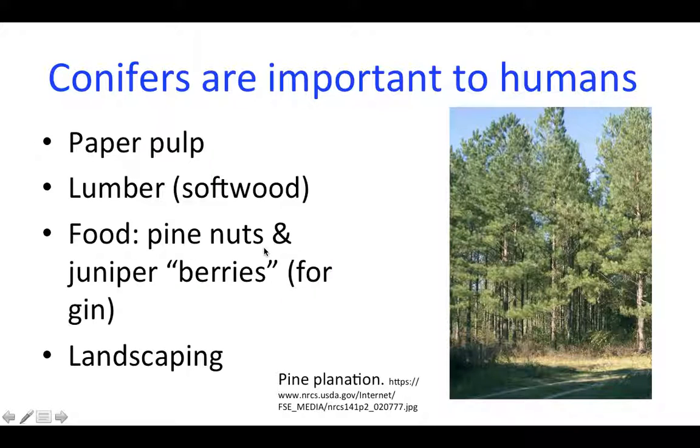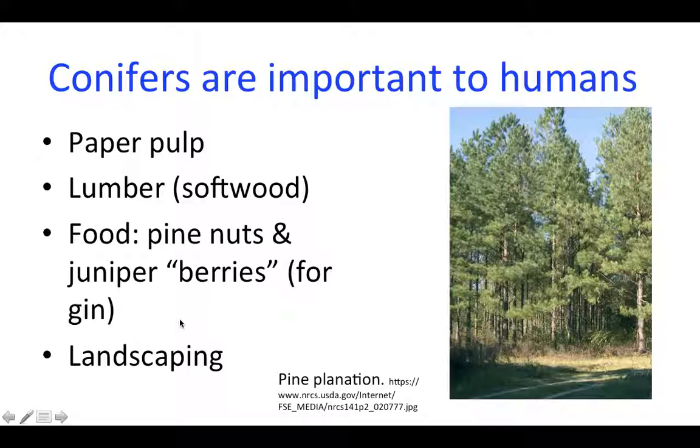We use conifers a little bit for food. So I showed you that image of pine nuts at the beginning of the lecture. If you're a fan of pesto or other Italian cooking, then there are things where pine nuts are added. We use juniper berries, so they're not true berries, I put it in quotes, but I showed you the image of them and they looked like berries. We use those as the flavoring for gin.